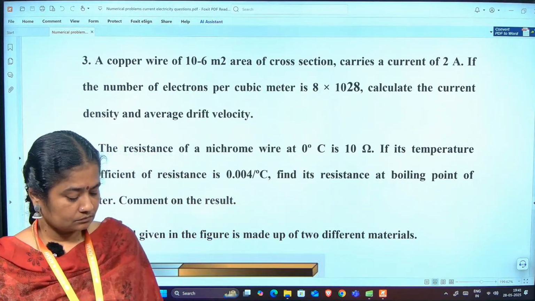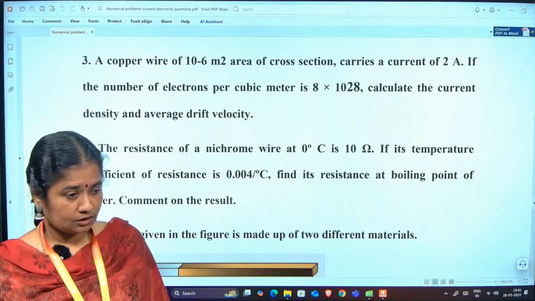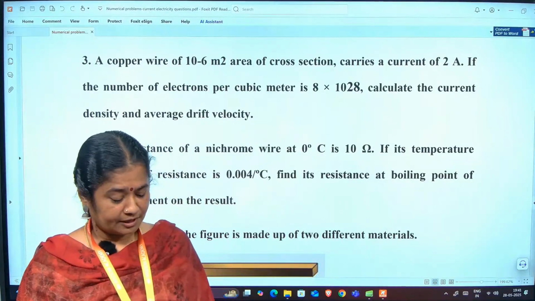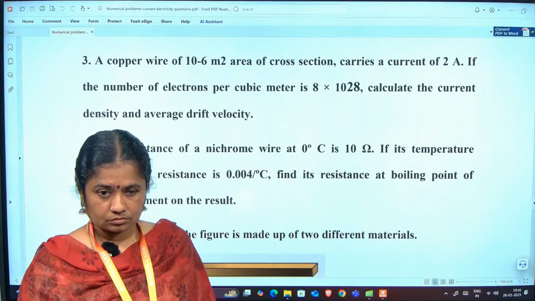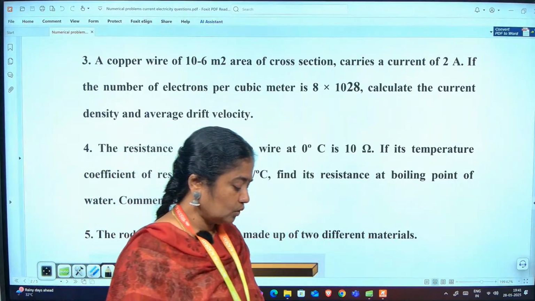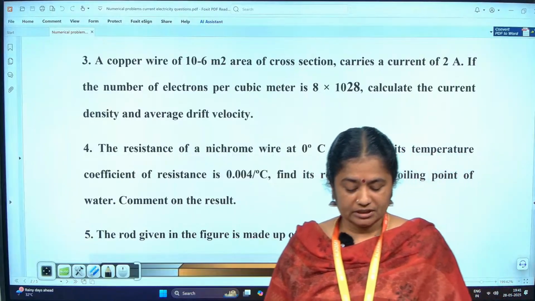That is your drift velocity, 1.56 into 10 power minus 4 meter per second.